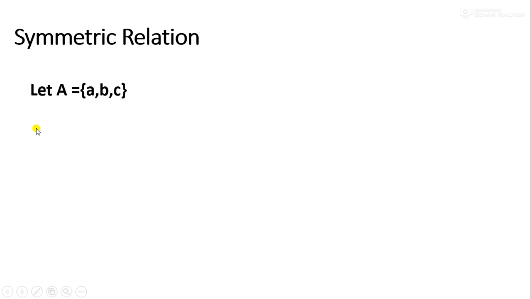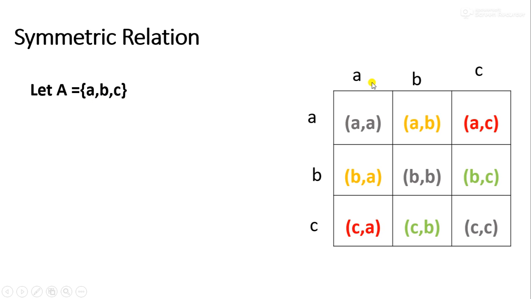We have a set A which contains three elements A, B and C, and this is the matrix representation of A cross A. As you know, a relation is nothing but a subset of the Cartesian product, and the type of relation which contains symmetric pairs is known as a symmetric relation.